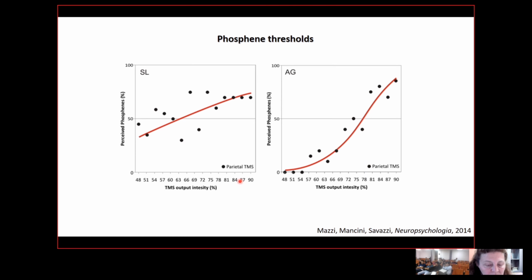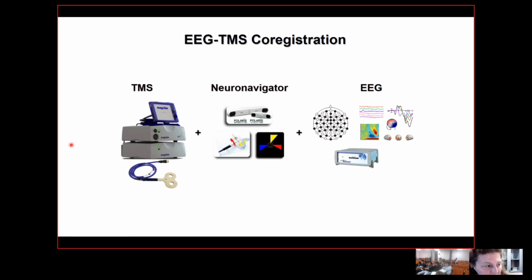Again, here you see their threshold, but it's exactly the same as before. They can draw a line like the healthy participants, but I guess the most interesting thing is when we also added EEG. So not only do we show that I can induce a visual stimulus in your blind visual field by stimulating a portion of your brain, but also we look at where and how this happens, right?